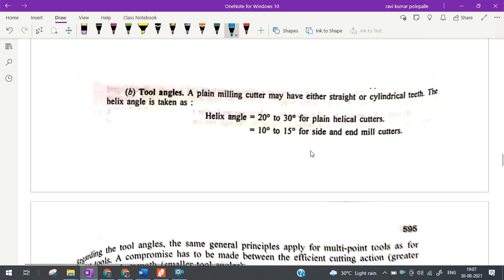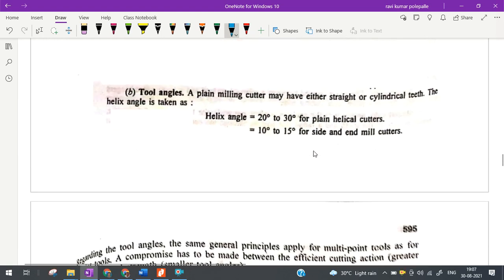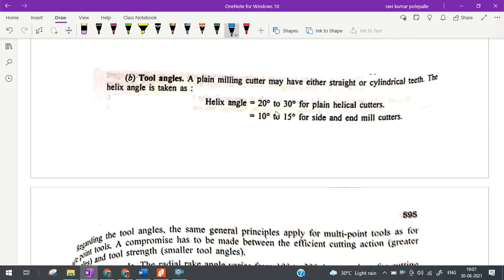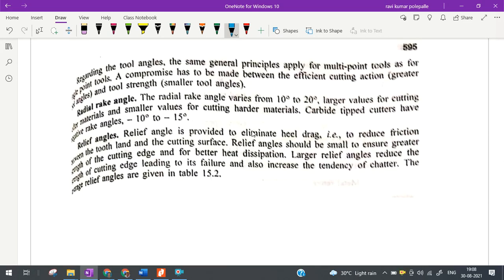Next, tool angles. We have different tool angles. Helix angle: for plain milling cutters as well as side and end milling cutters, we have different helix angles. Next, radial rake, 10 to 20 degrees for cutting softer materials, and for harder materials we have smaller rake angles.